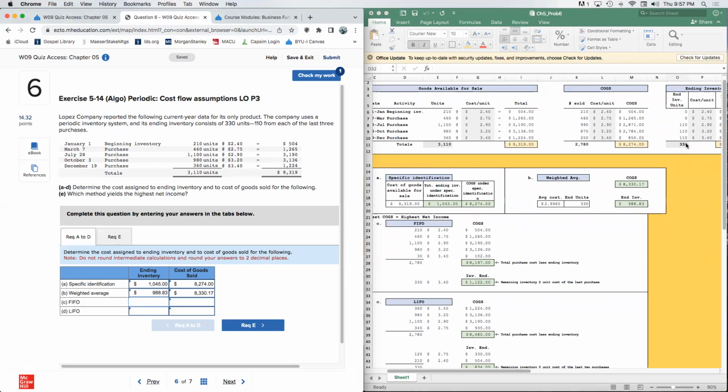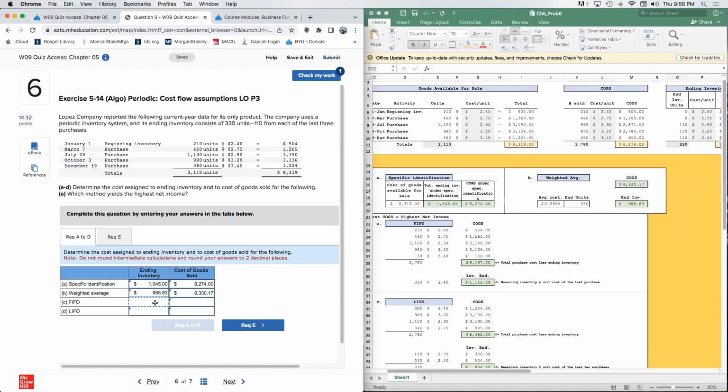We're left with 330. So we know the last 330 is going to be taken out of this 360 right here. And so we know 330 will cost us 340 a piece. And so we can go 330 times 340 gives you an inventory ending of 1,122 in the first in, first out costing method.